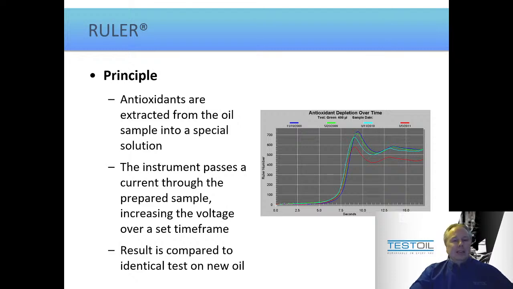So when we're looking at these results, what we expect to find is some peak, and we'll measure the height or area of this peak. And as we test used samples, we will compare those results to the original new oil peak and report it as a percentage. So this is a number that should begin at 100% and trend downwards towards 0. Acid number, on the other hand, starts at some baseline value and climbs upwards.